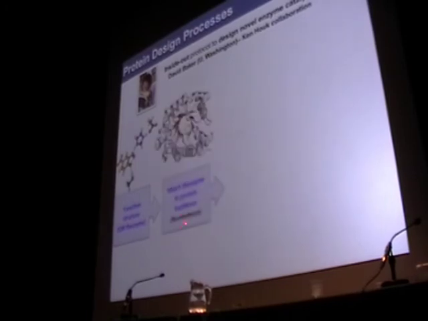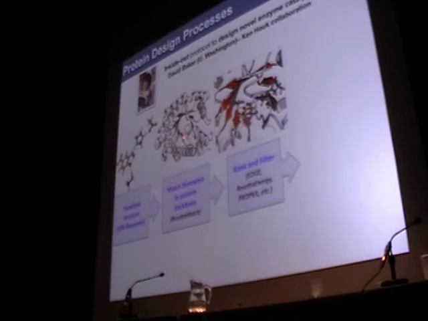Then we use Baker's program Rosetta Match to try to incorporate this active site design, or theozyme, into a stable protein scaffold. So there are several hundred protein scaffolds. The active site is carved out, and then we attempt to find matches of these different groups with the side chains attached without strain in the normal protein.